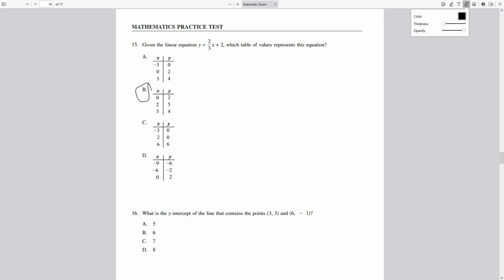Okay. What is the y-intercept of the line that contains 3, 3, and 6, negative 1? The y-intercept point of this. Well, it's y equals mx plus b. I need the slope.